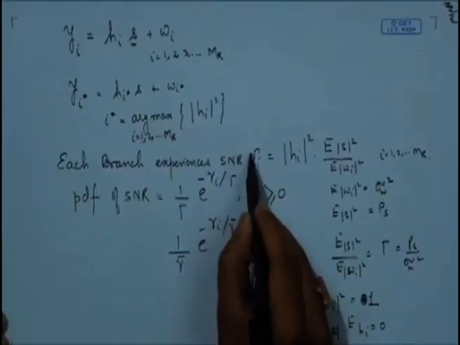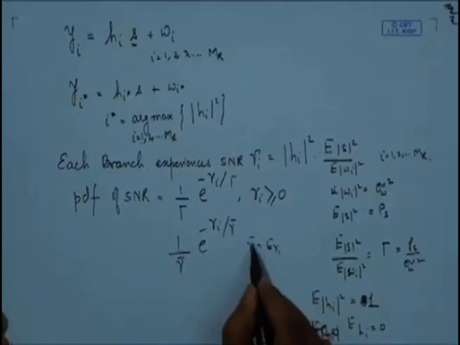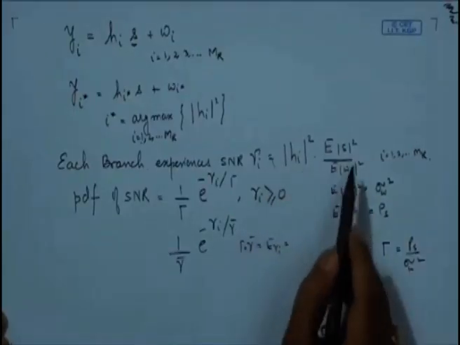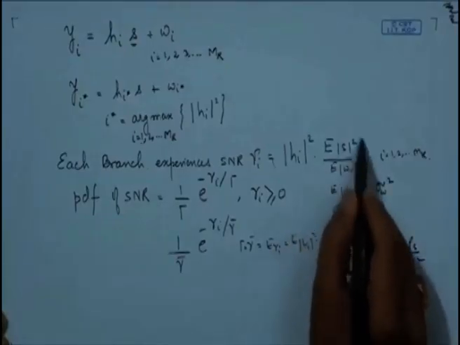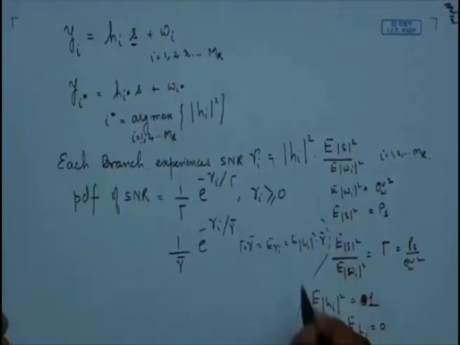Now, if you take the expectation of gamma_i, it is the expectation of mod h_i squared times the expectation of the remaining factor, and since E of mod h_i squared is 1, that is basically gamma bar.